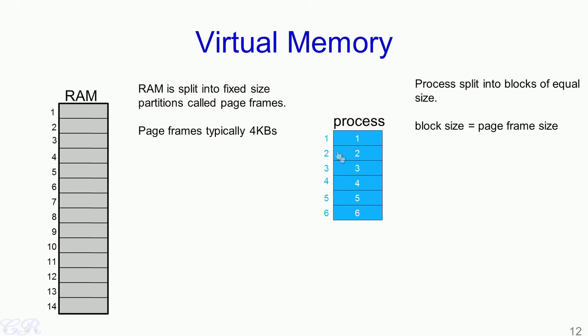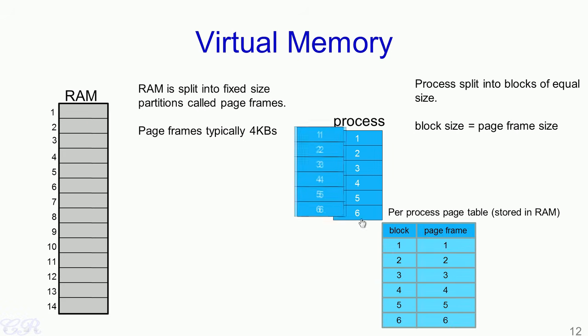Because we have split the RAM and the process's memory in a similar way, we can allocate blocks in a process to page frames in the RAM.